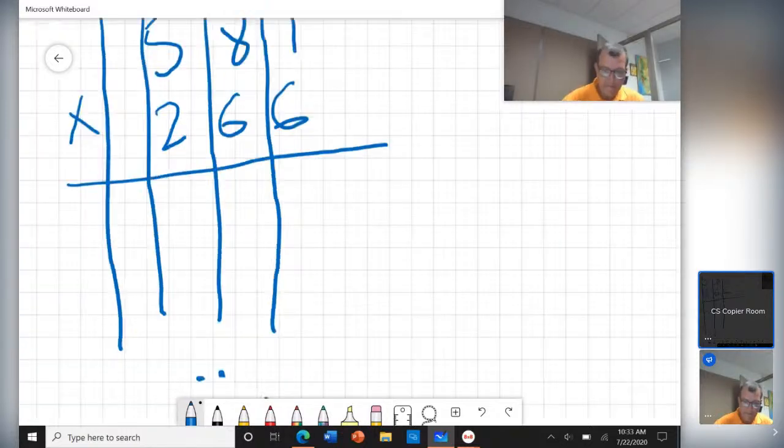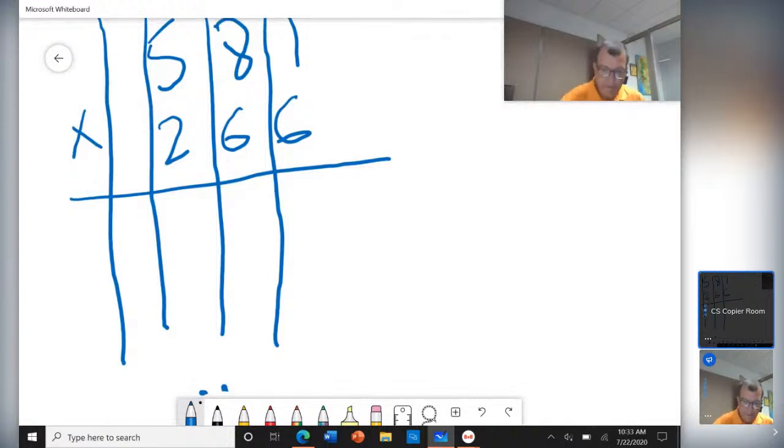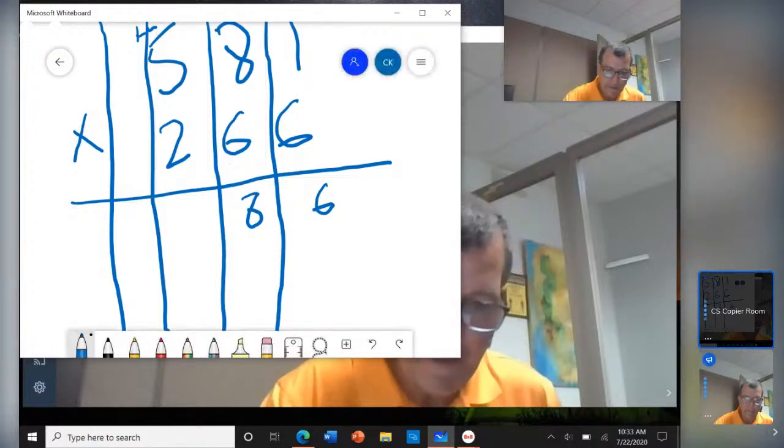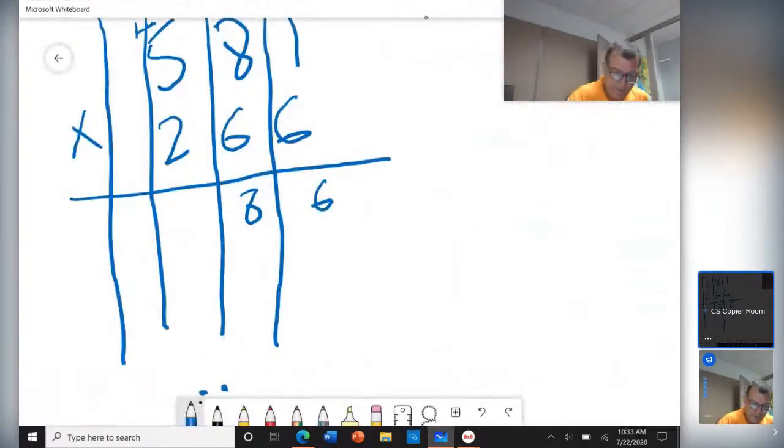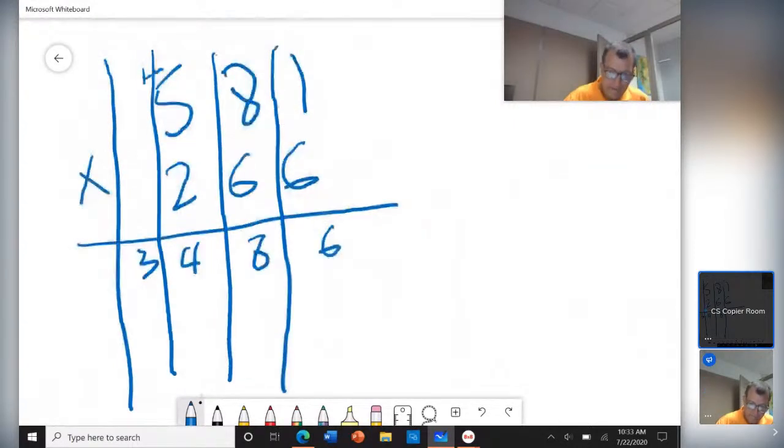All right. 6 times 1 is 6. 6 times 8 is 48. We're going to carry the 4. 6 times 5 is 30, plus the 4 is going to be 34. Okay, and remember, we go back and just erase those numbers at the top. And we're going to move over a column, so we put an X.